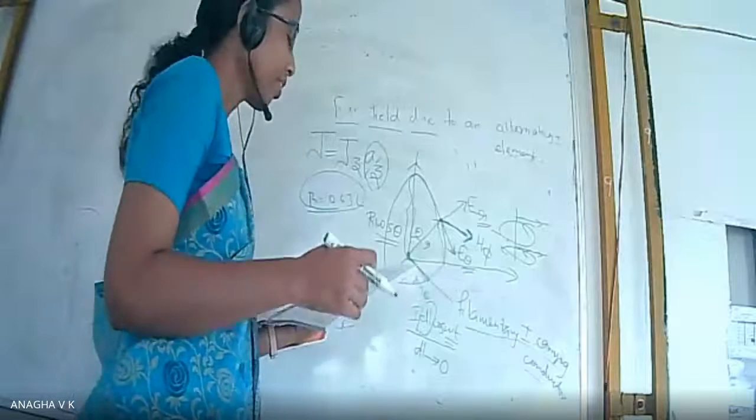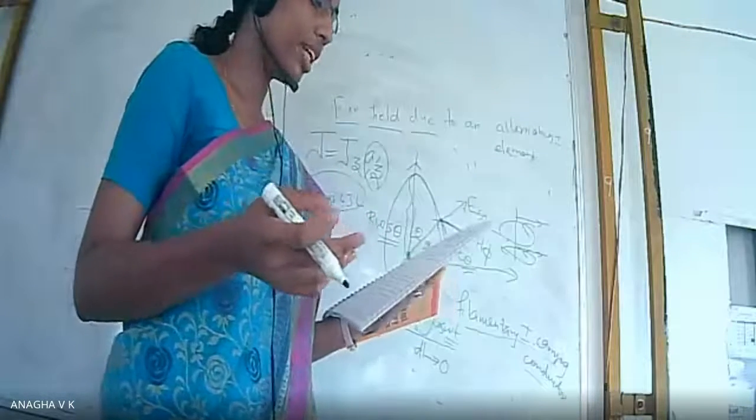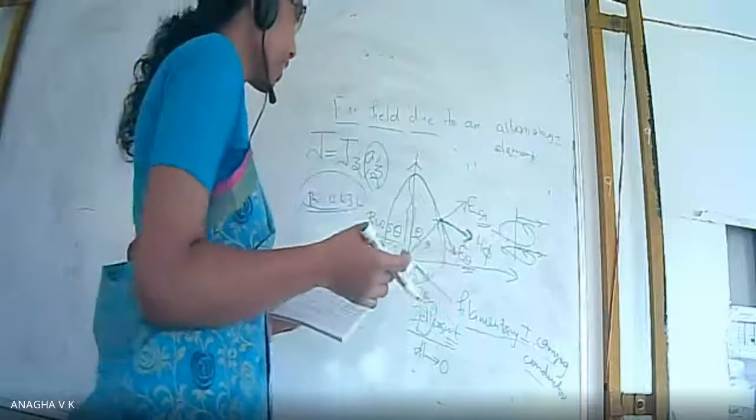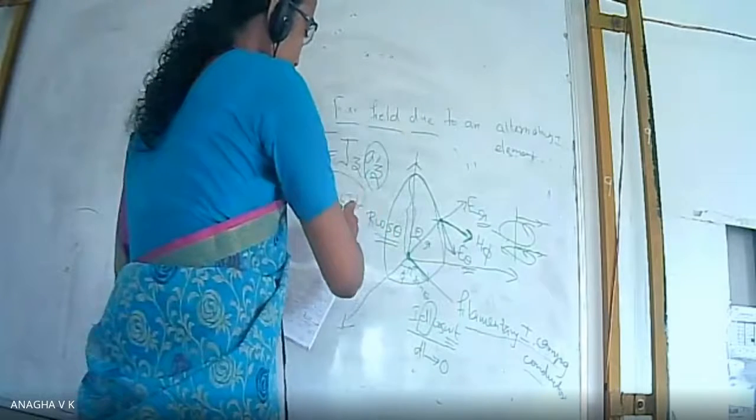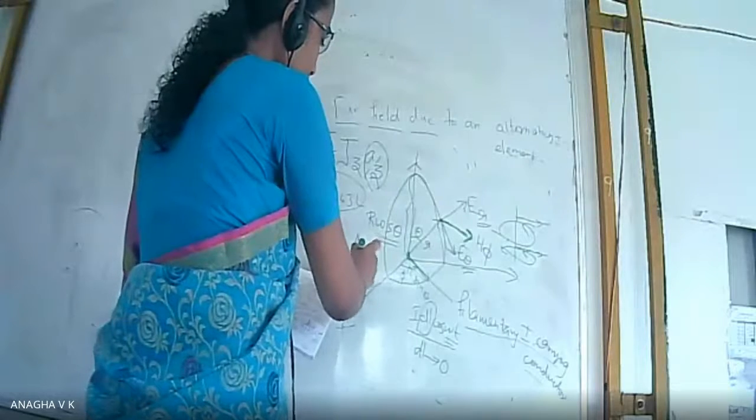We need to find the vector magnetic potential in this case. The vector magnetic potential also will have only the z component.